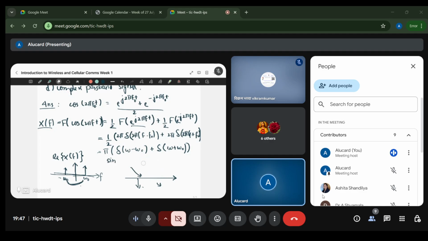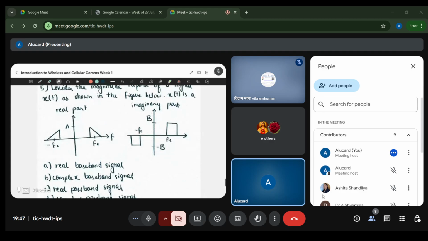Now that is for sinusoidal signals which are at only a single frequency. But here you have a band of frequencies. But still the same kind of principle applies.